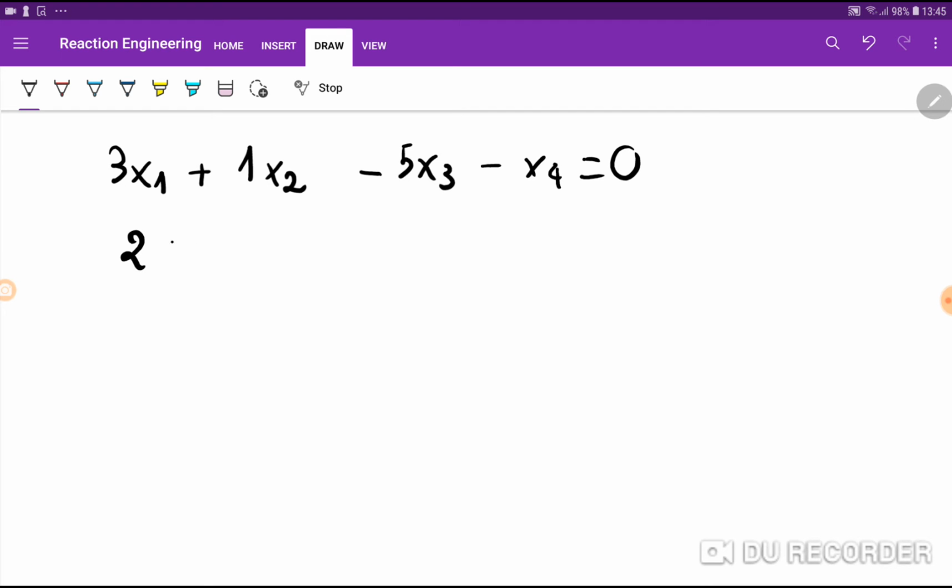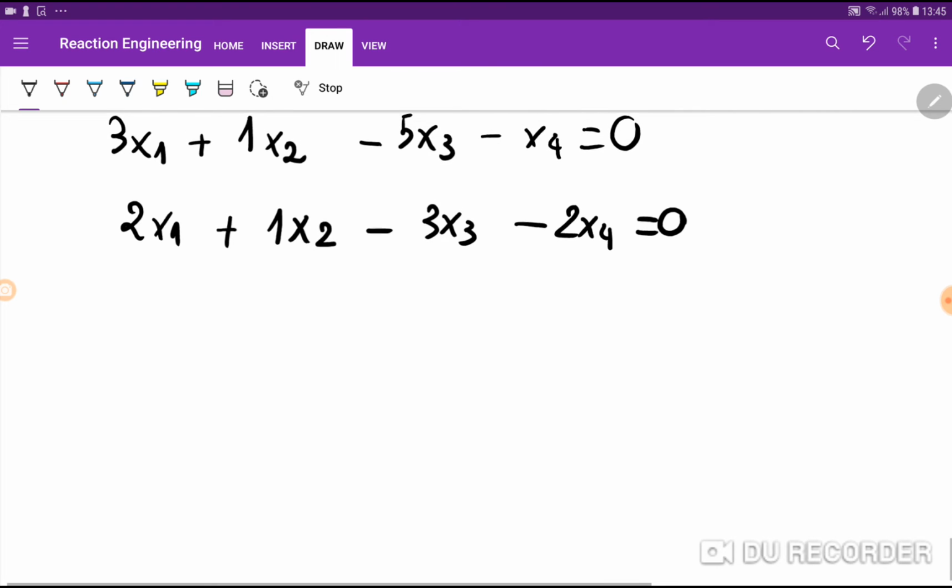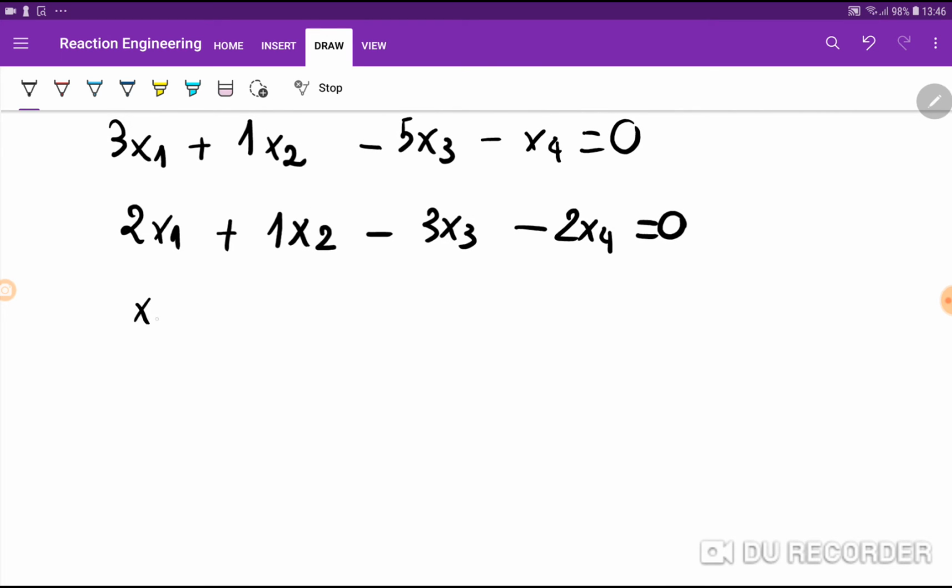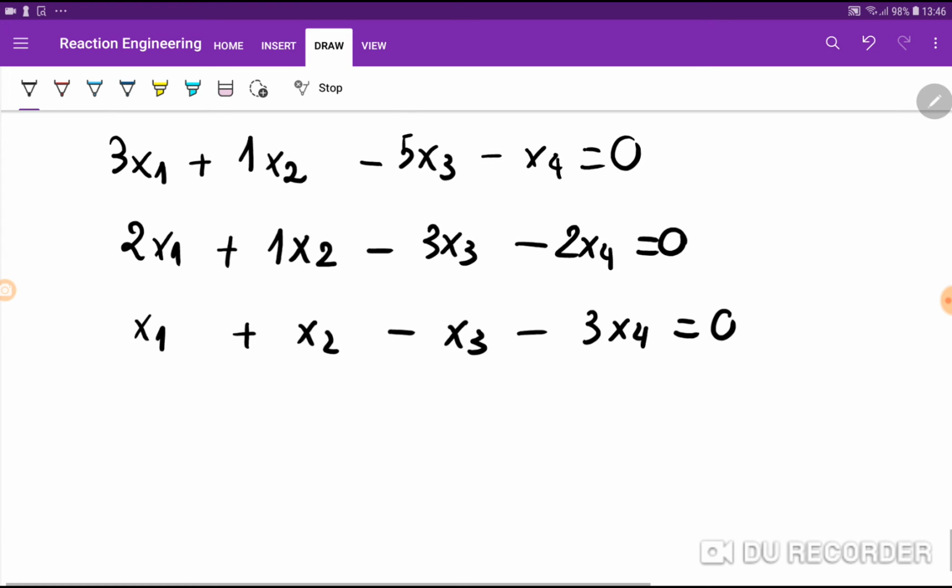Then we have 2x1 plus 1x2 minus 3x3 minus 2x4 equals 0. And then we have x1 plus x2 minus x3 minus 3x4 equals 0. Okay, so how are we gonna do this?